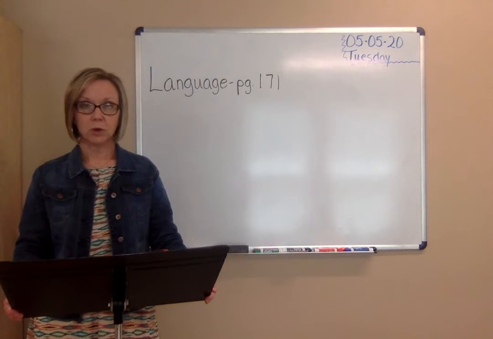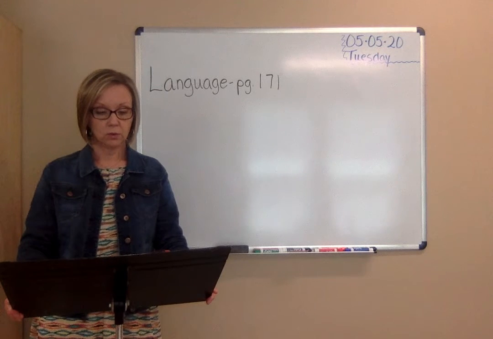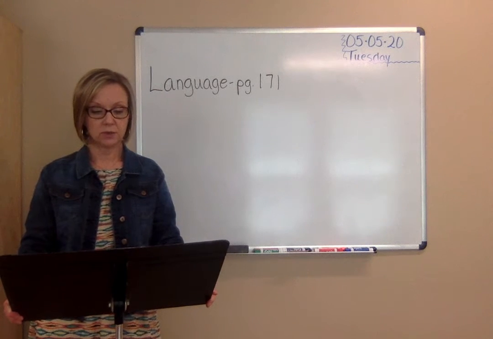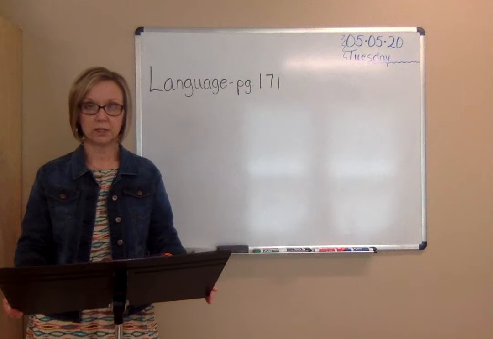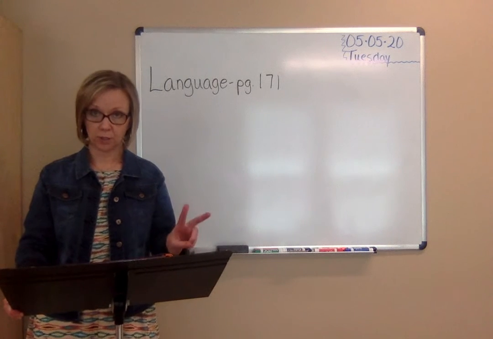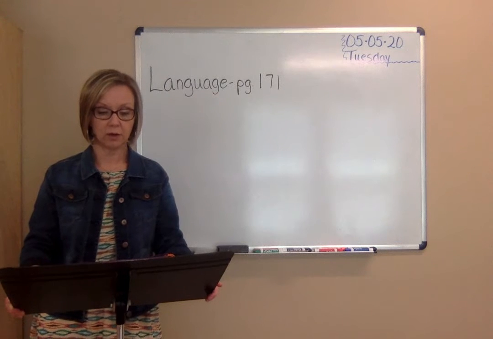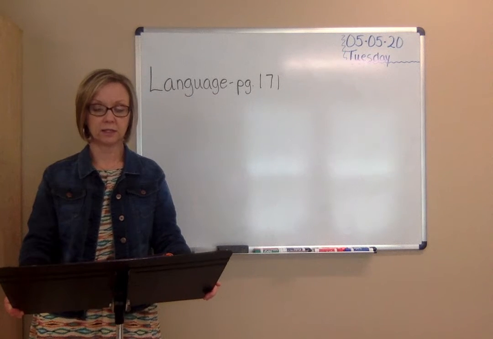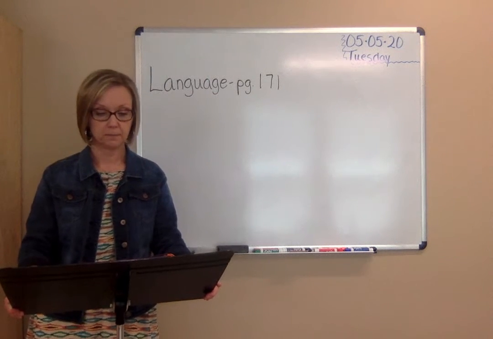So let's look at number 1. Mark the circle next to the sentence that uses the second definition of clipper. Well, I'll look back up at my box and I'll look for number 2, and it says a very fast sailing vessel with tall masts.